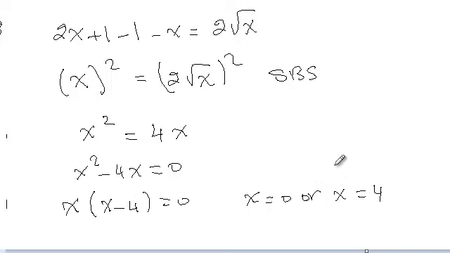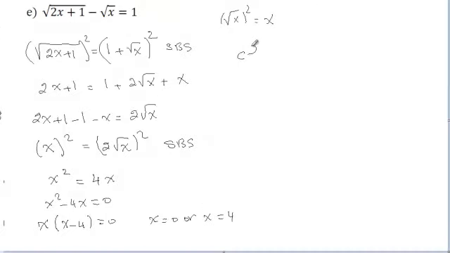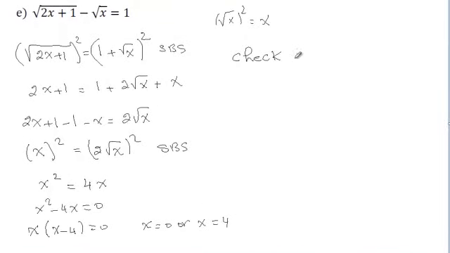Now we have two solutions. We have to check them in the main equation and see if they both satisfy the equation. Let's try first x = 0. Let's write the equation. √(2(0) + 1) − √0 = 1. 2 times 0 is 0, plus 1 is 1.